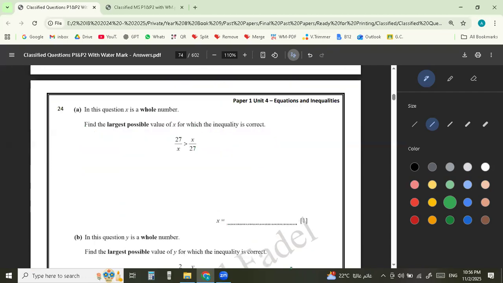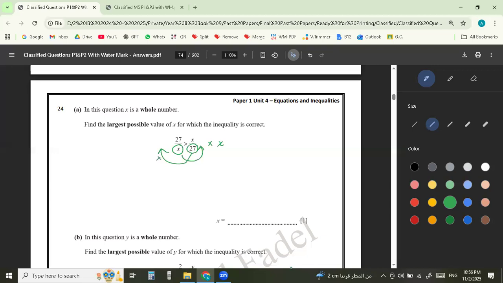In this question, x is a whole number. Find the largest possible value of x for which the inequality is correct. Mister, I'm going to just send the x there with multiplication. So I'll multiply here by x. And the divided by 27 here, I'm going to send it also there with multiplication.